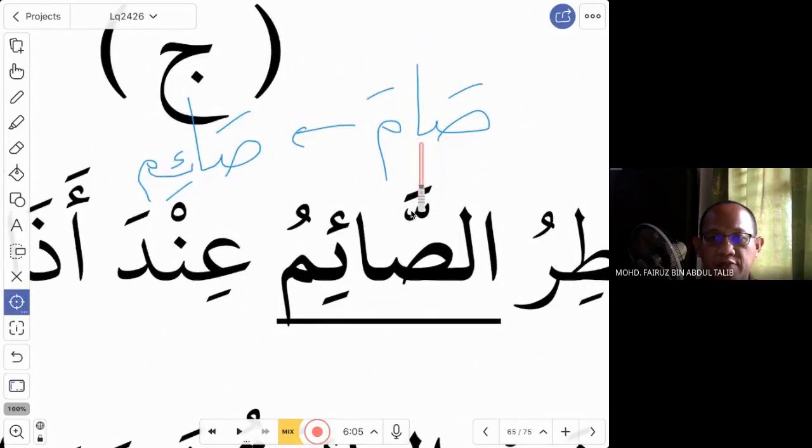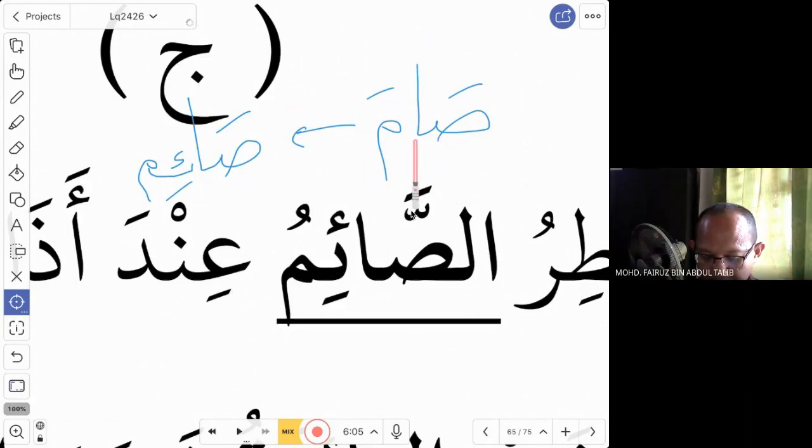So when it is having harful illah, the rule says that you change this alif to a hamzah, as if the word is sa'ama. So if it is sa'ama, then the isim fa'il is sa'imun. And this hamzah will have the ya shape below it because it is having a kasrah.